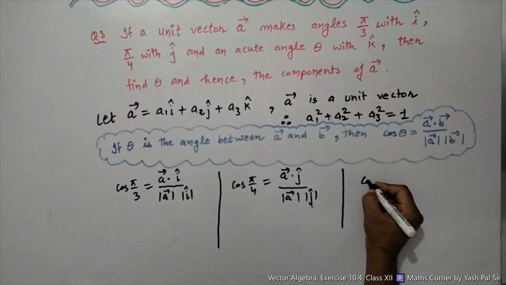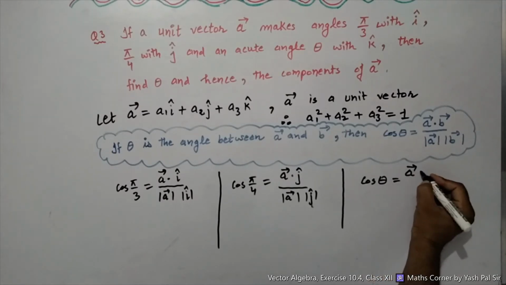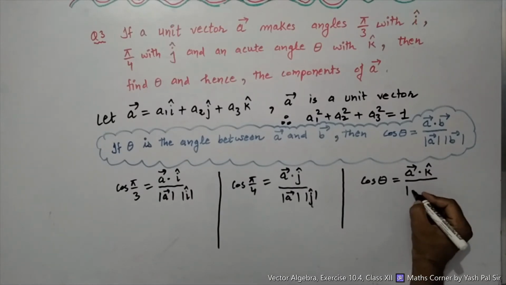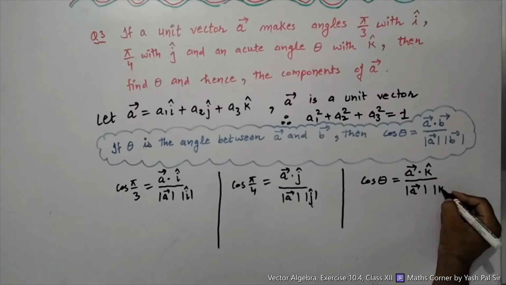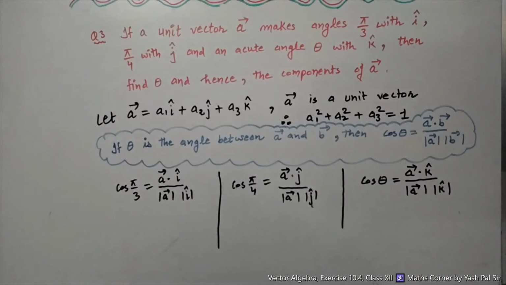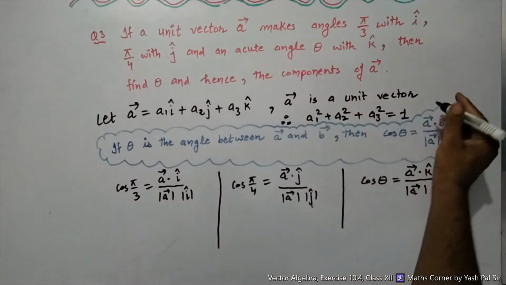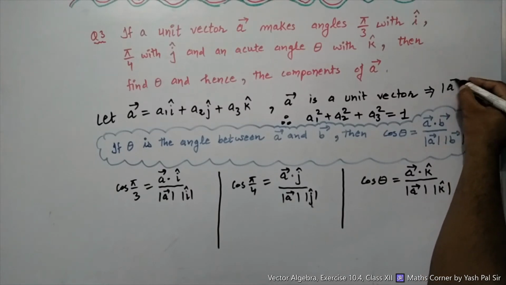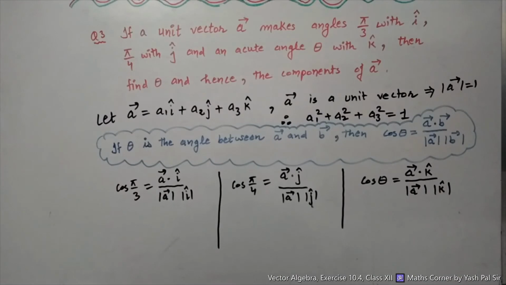Third, an acute angle theta with k: cos theta is equal to vector A dot unit vector k upon magnitude of A into magnitude of unit vector k. Because it is given that A is a unit vector, the magnitude of A is equal to 1.